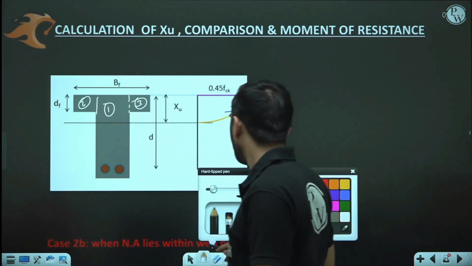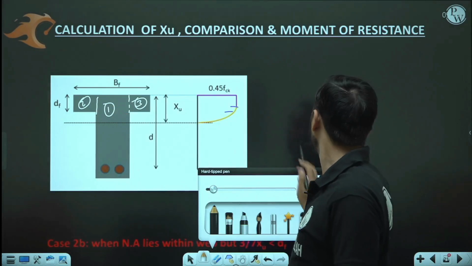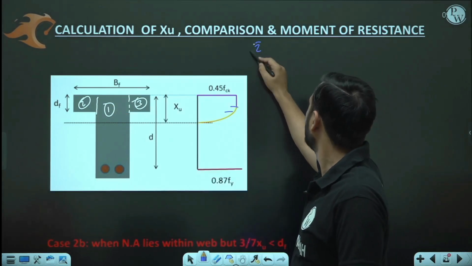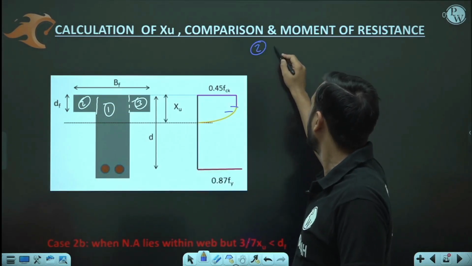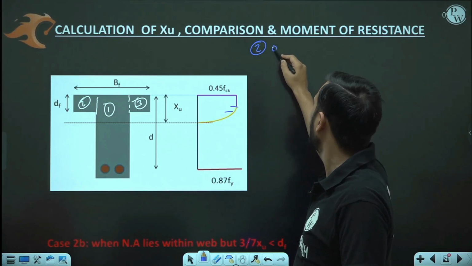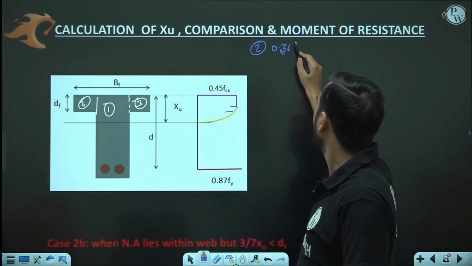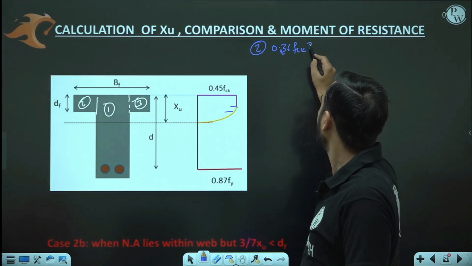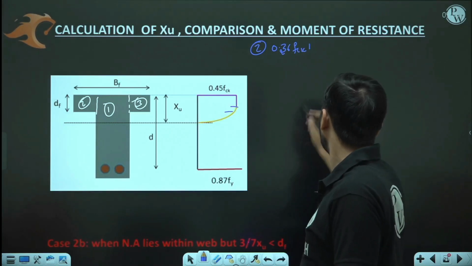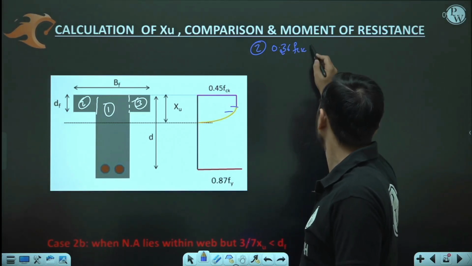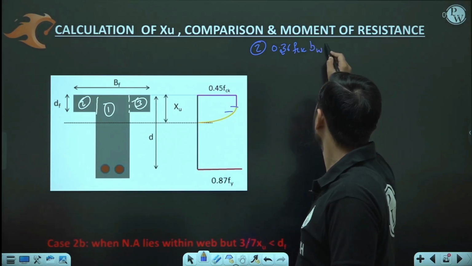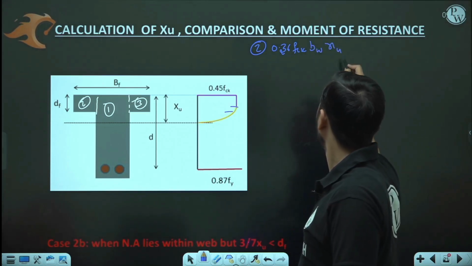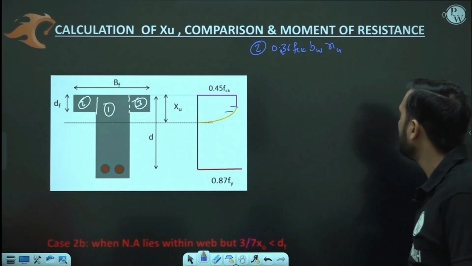So part number 1 is going to remain the same: 0.36 FCK BW into XU.